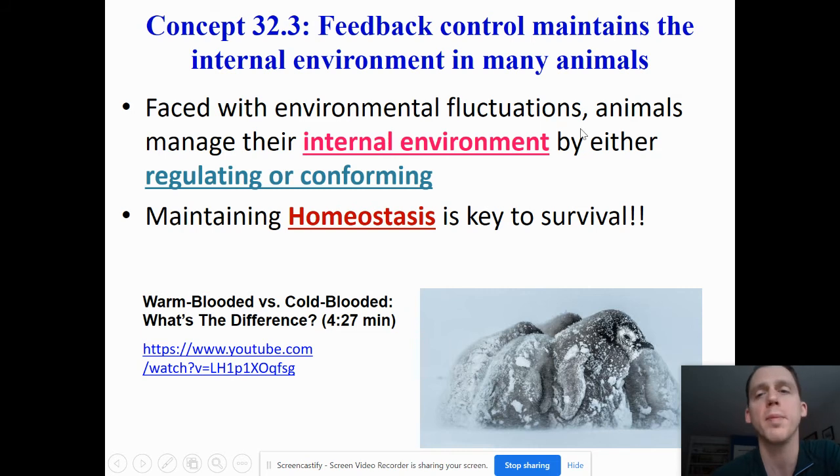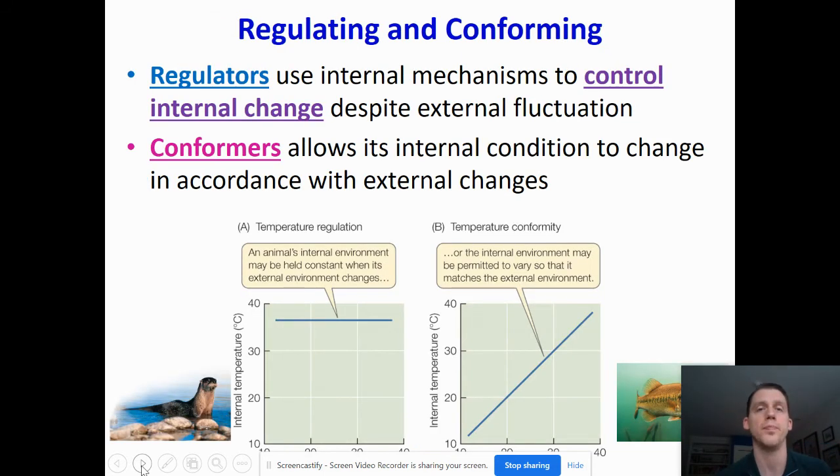So faced with environmental fluctuations, animals manage their internal environment. They're either going to regulate their own environment or they're just going to conform. And always remember that maintaining homeostasis is the key to any animal's survival. Again, a regulator is going to use an internal mechanism to control internal change despite changes happening on the outside.